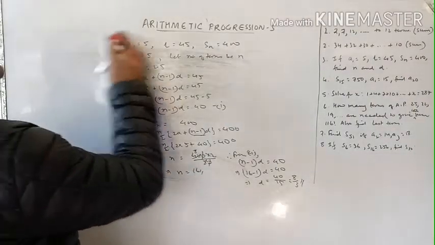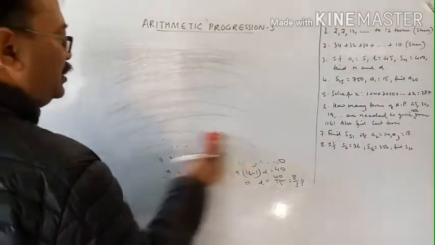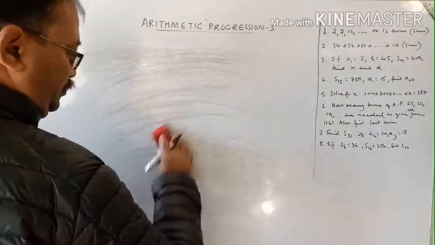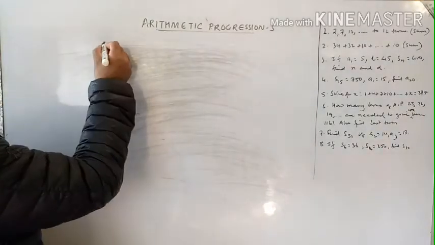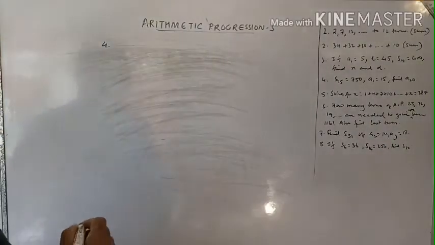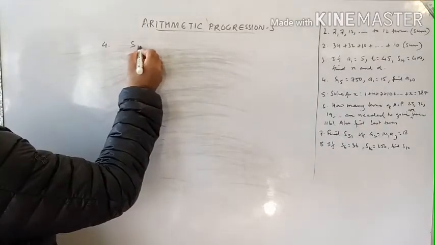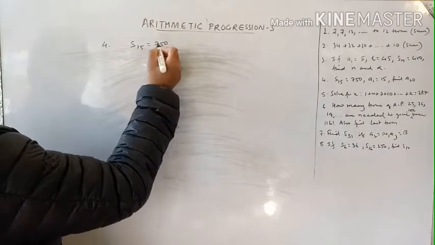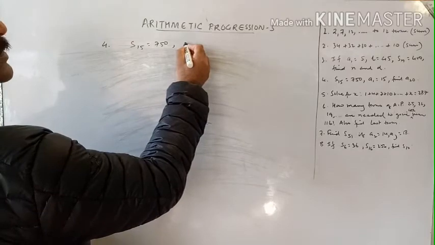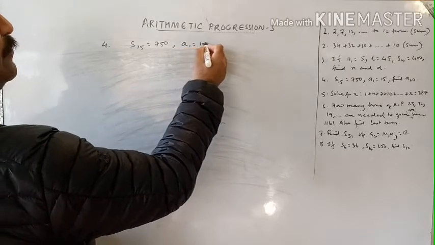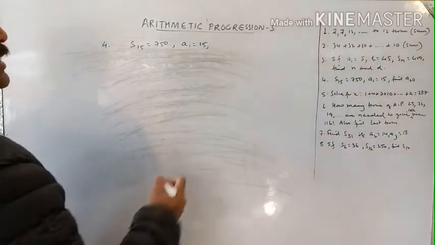Now let's take the next question, question number 4. Here, the sum of 15 terms equal to 750 is given, and first term a1 equal to 15. So find a20.